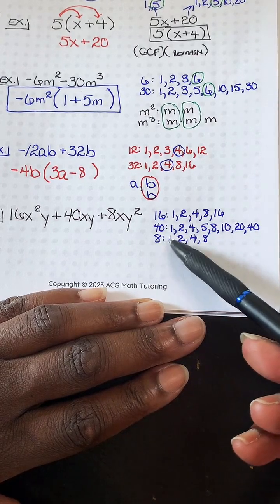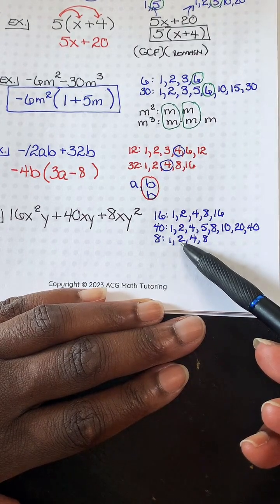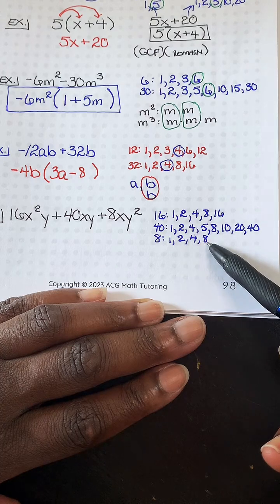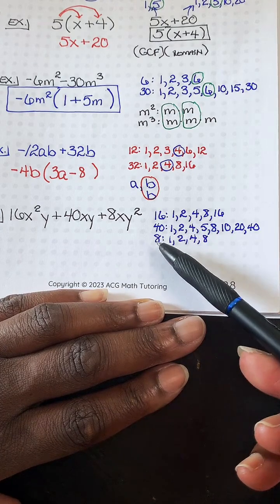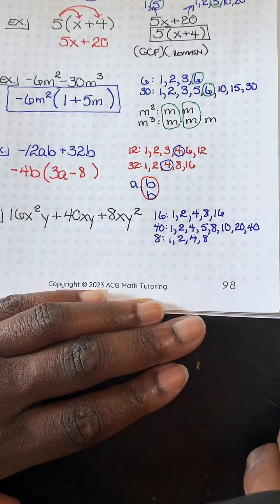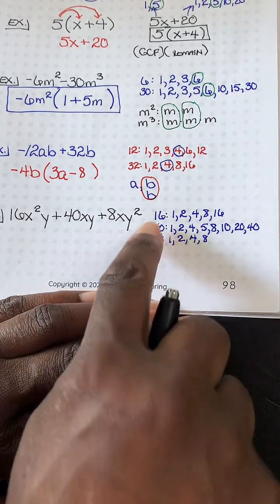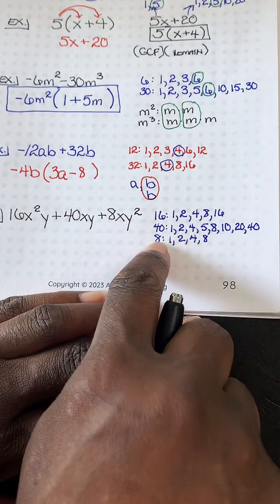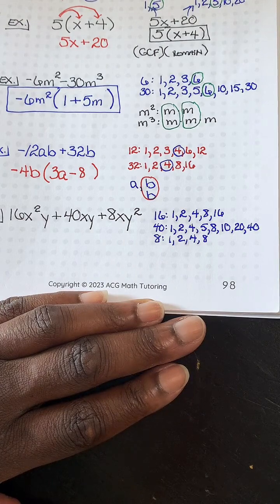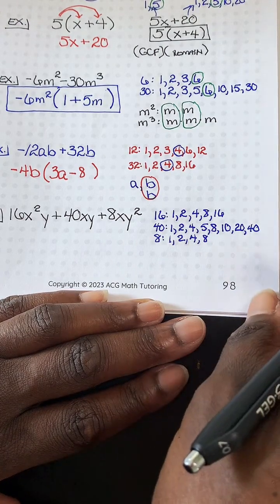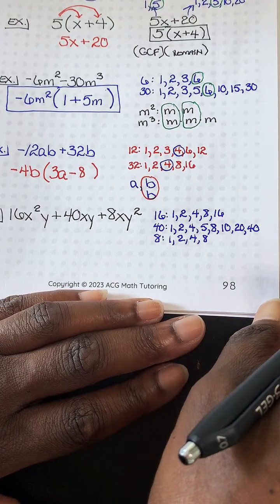You can find 8 in the 1s, the 2s, the 4s, and the 8s. So when you're looking at the GCF, the greatest common factor, we're looking at where these numbers are located in multiple multiplication tables.